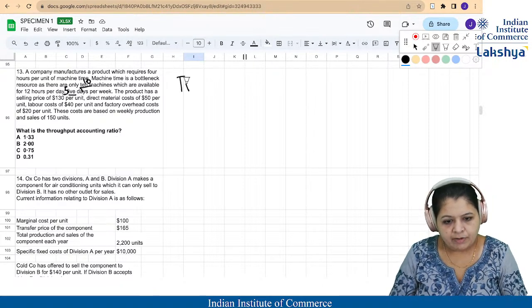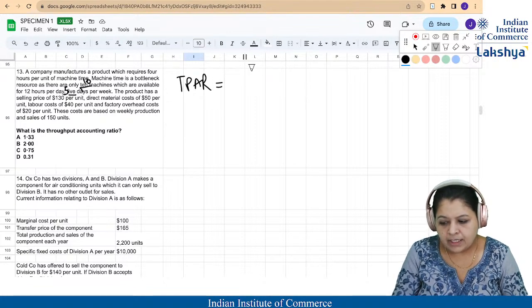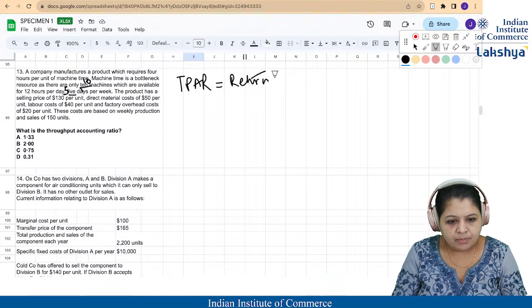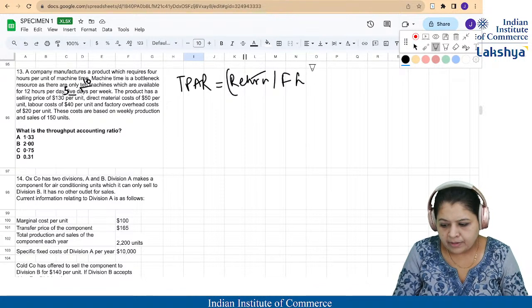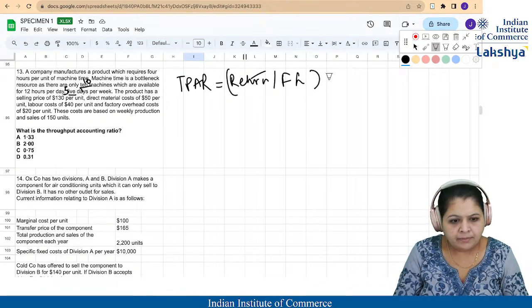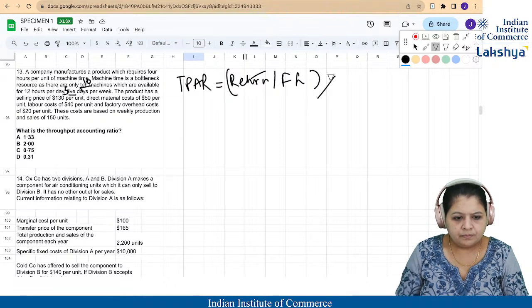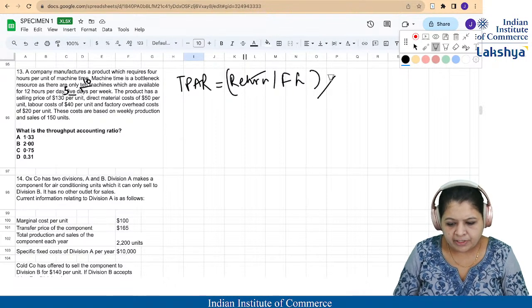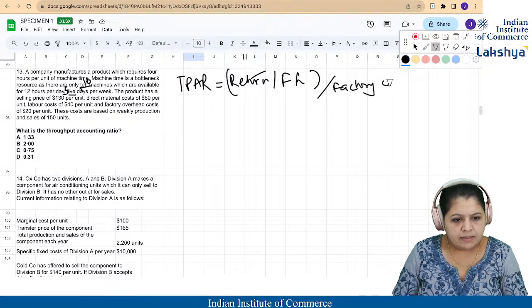Right now, when you have to find out your TPAR, first you need to know your formula very correctly. So let's find out. It is return per factory hour divided by your factory cost per hour.